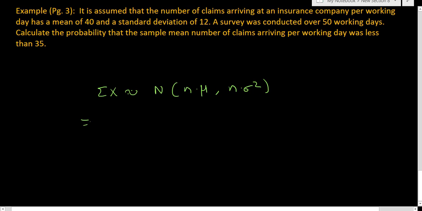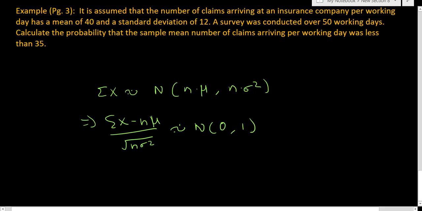So this would imply that sigma x minus n mu upon root over n sigma square will follow an approximate standard normal distribution. I've just converted this into a standard normal distribution by deducting the mean and dividing it by the standard deviation. So this would have a 0,1 distribution, so a standard normal distribution.